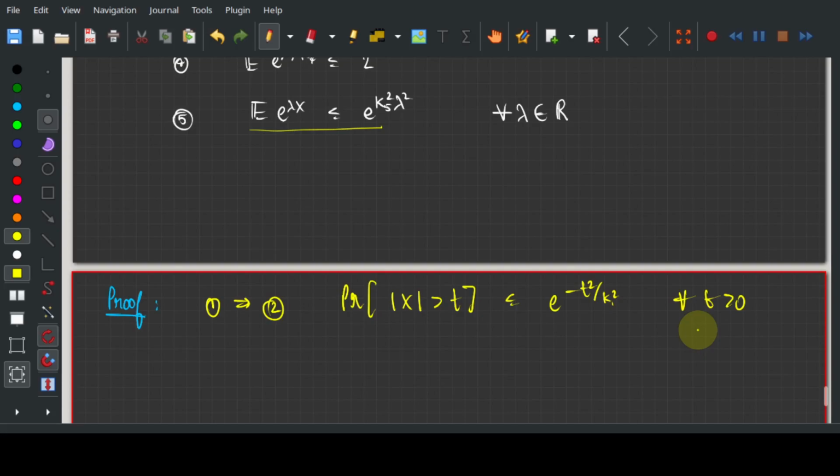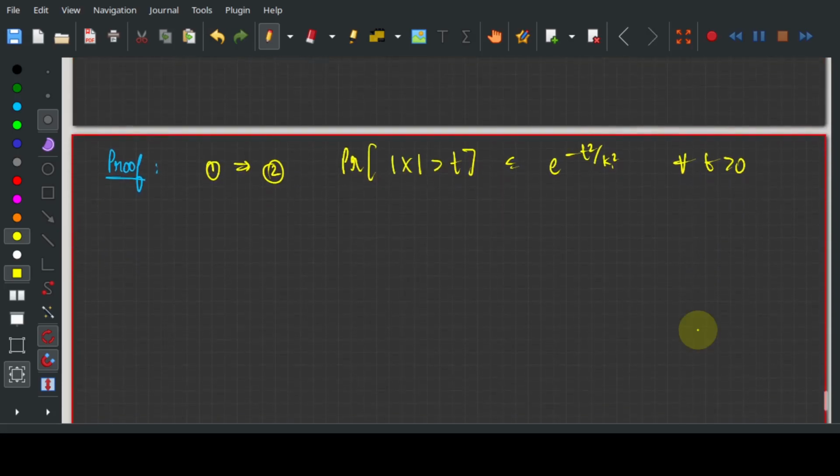Okay, how would we do this? This requires an alternate expression for the mean of a random variable. I'm not sure if you've seen it before, but it's an interesting result.